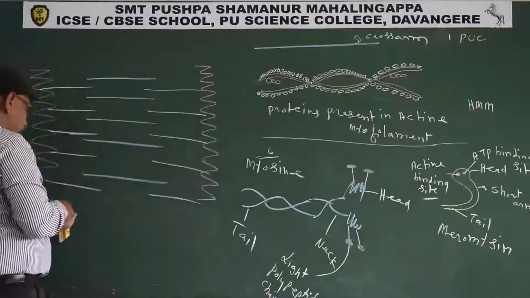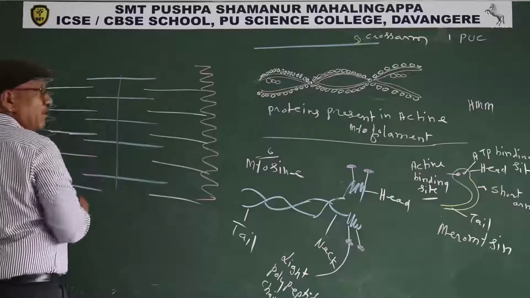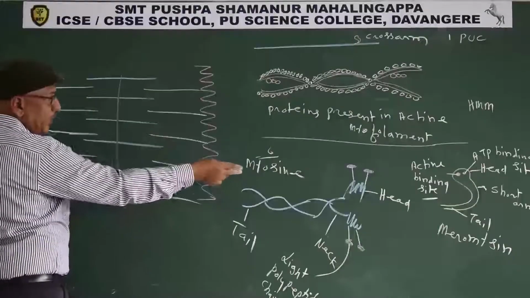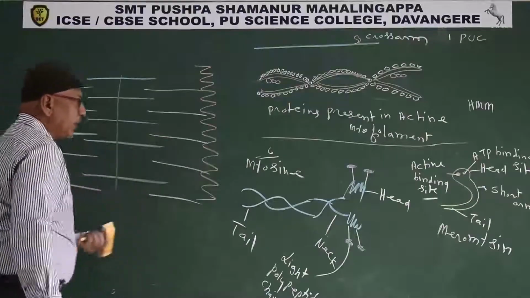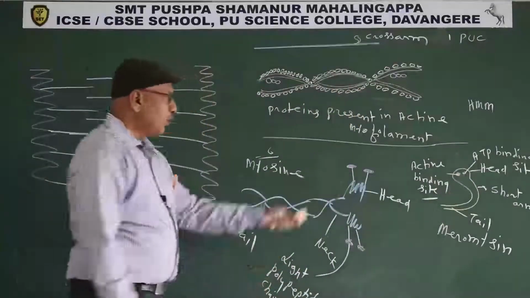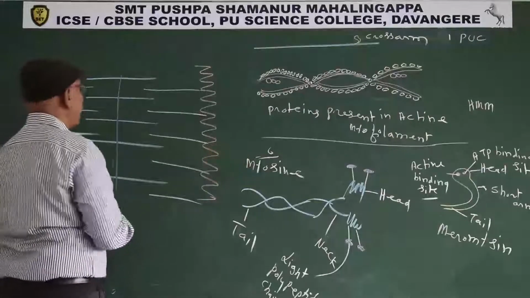Observe, it is the myosin filament containing myosin protein. We already discussed that each myosin protein contains 200 to 300 meromyosins.